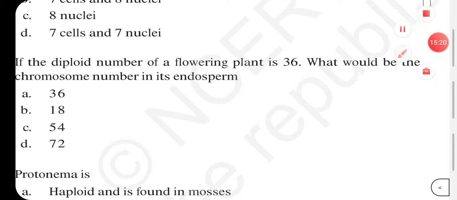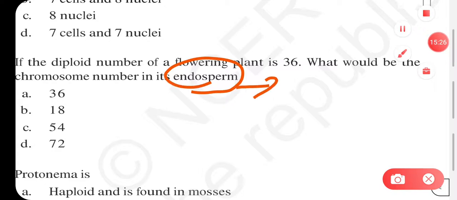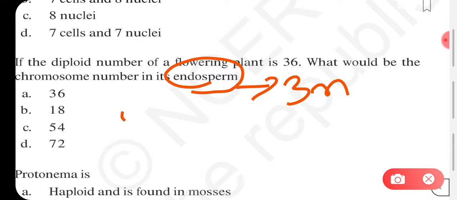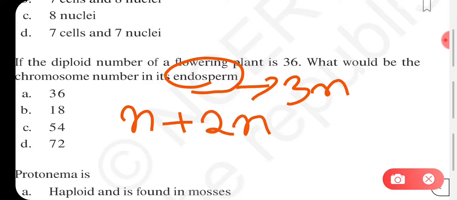Endosperm is triploid. How does it get this triploid stage? It is because of the fusion of the male gamete. One of the male gametes is going to fuse with the secondary nucleus, which is diploid. So it forms this triploid stage.